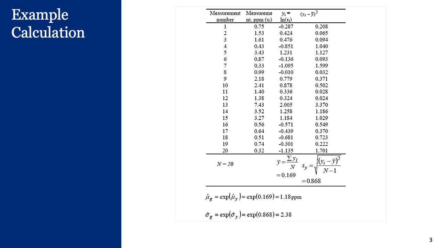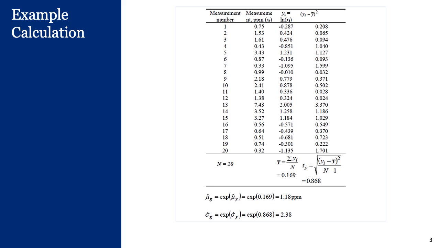And then if you go to the bottom of the slide and you take the exponent of 0.868, that will be the geometric standard deviation, and it will have a value of 2.38. So as you can see, the geometric mean, mu sub g, is still in the units of the measurement. So it's 1.18 parts per million, but the geometric standard deviation doesn't have any units.